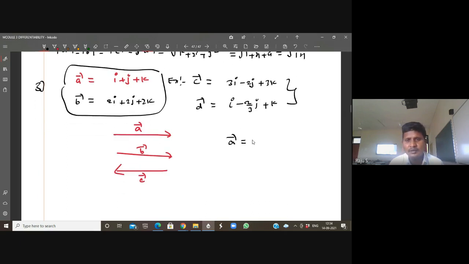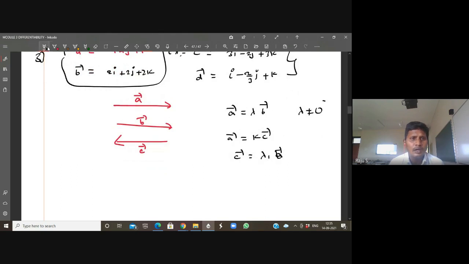Vector A is equal to, we can write lambda times B vector. You can multiply with some non-zero scalar here. Lambda should not be equal to 0. Non-zero scalar. Lambda is not a vector, lambda is a scalar. So here we can easily say that A, B are parallel. And if you write vector A is equal to some k times C vector, or we can write C vector is equal to some lambda 1 times A vector or B vector, and also we can easily write the linear combination.